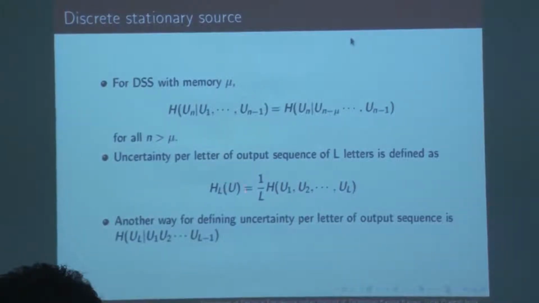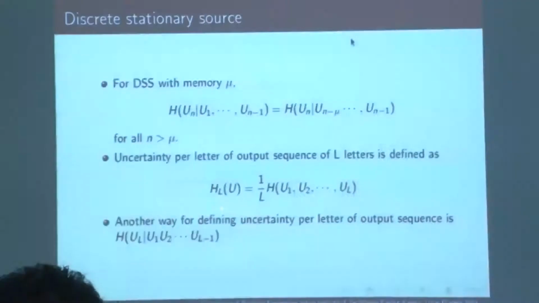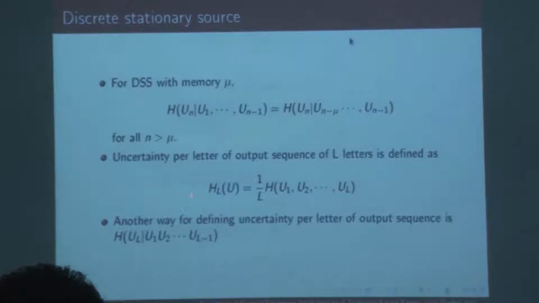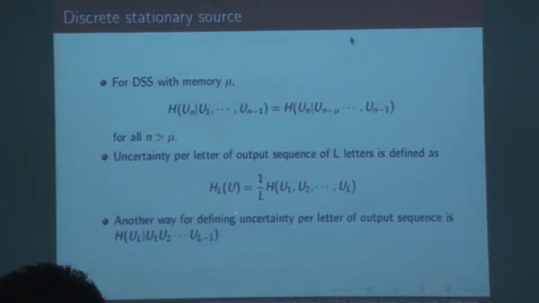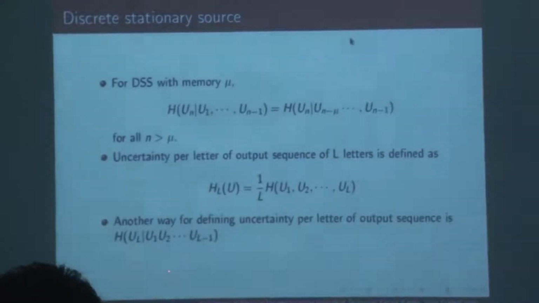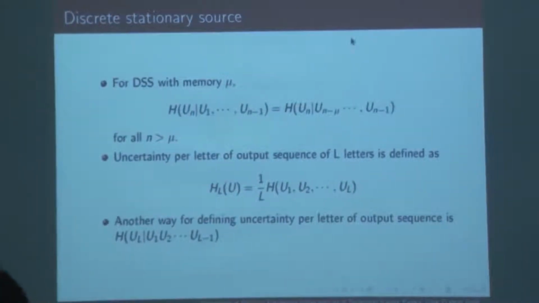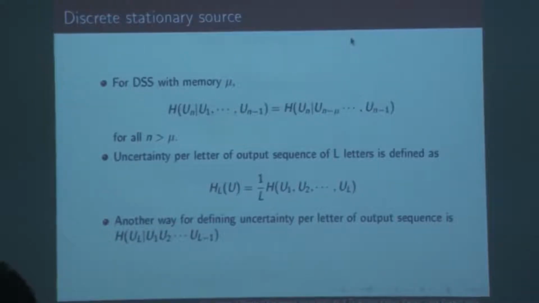Now, we are going to show you some properties of these descriptions, and we are going to show that when L goes to infinity, this is the same as this, and this is known as the entropy rate of the source. We are going to prove these properties in the next slide. Are these definitions clear?